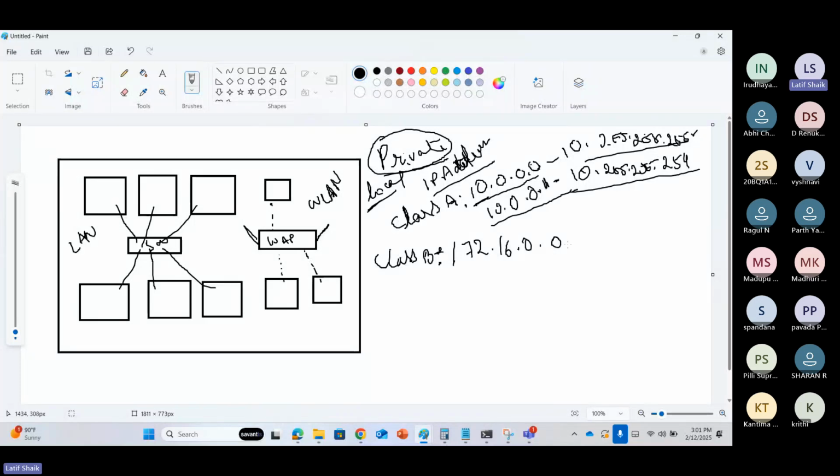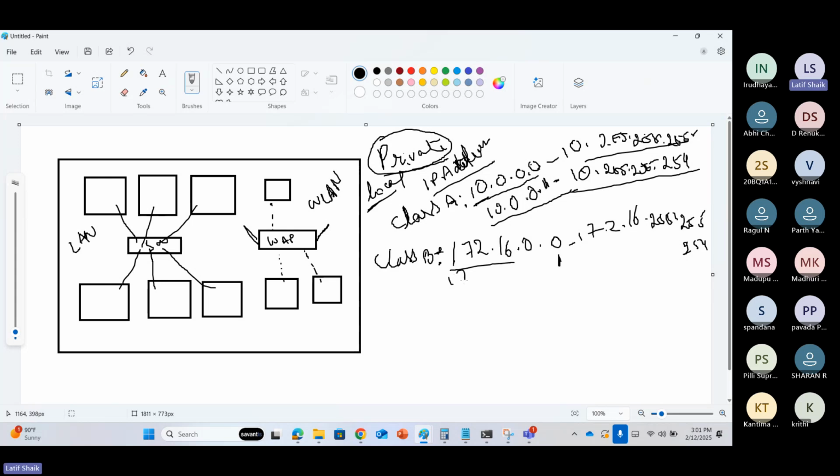Class B means the first two octets are the network part. This is compulsory, and this changes. The complete range is 172.16.255.255, where the first host is 1 and the last is 254.